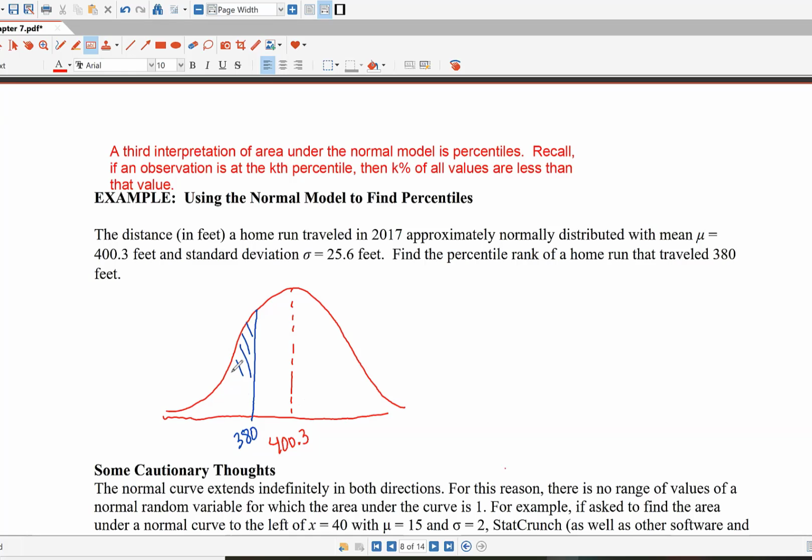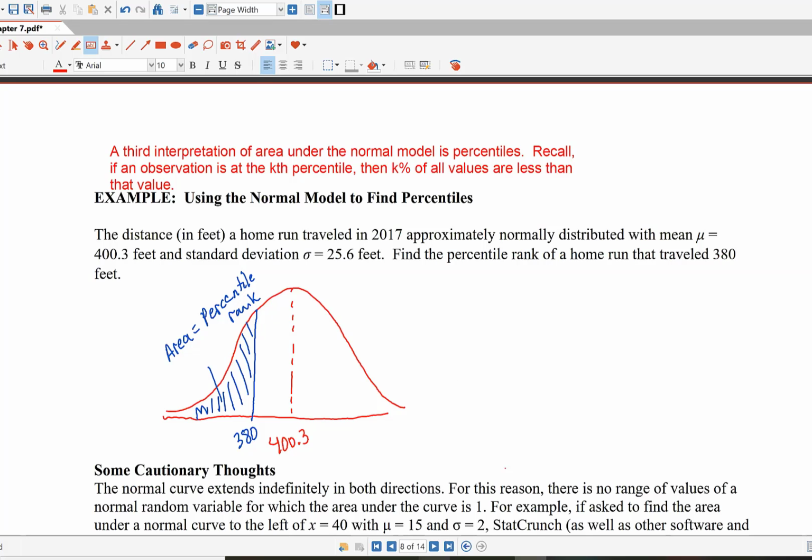We want to find this area. That area will be the percentile rank. It's very important to remember that percentile rank is always area to the left. Deal? Yep.